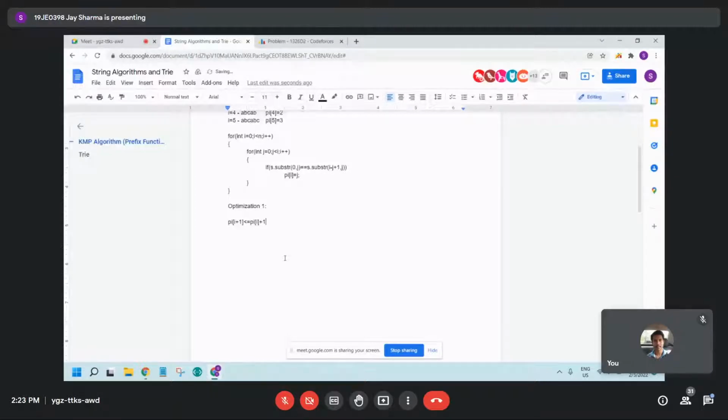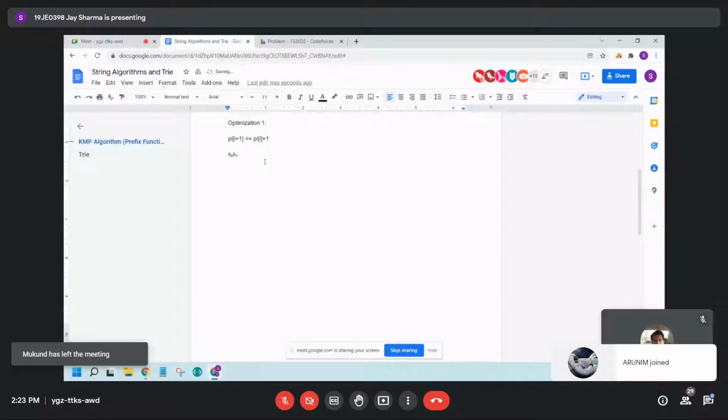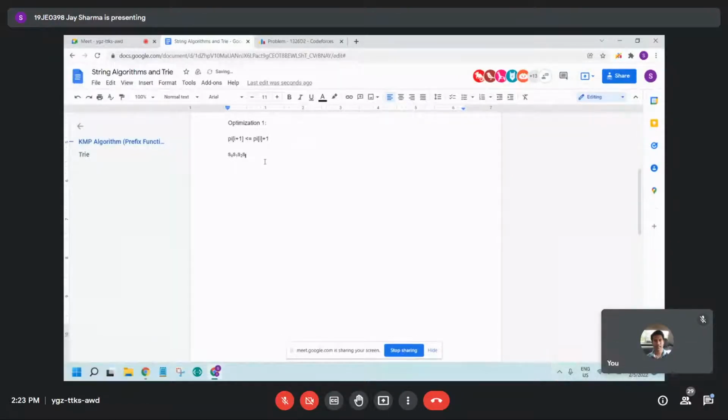Now why does this hold true? Let me show you with an example. If you have a string like s0, s1, s2, s3, where si represents the character at the ith index.